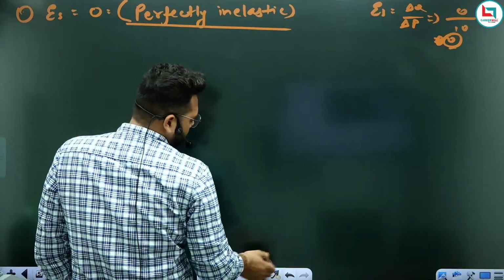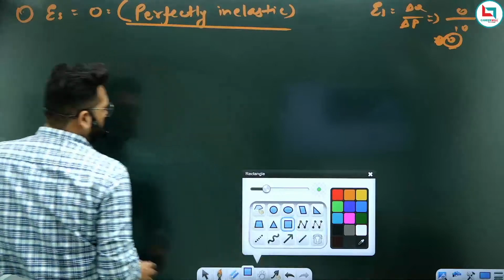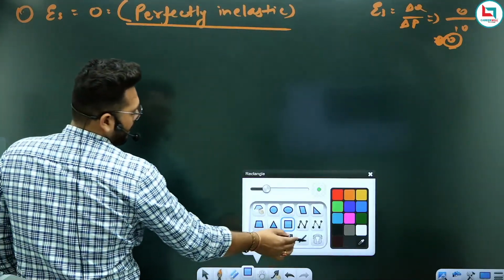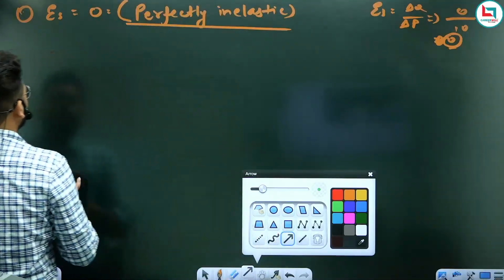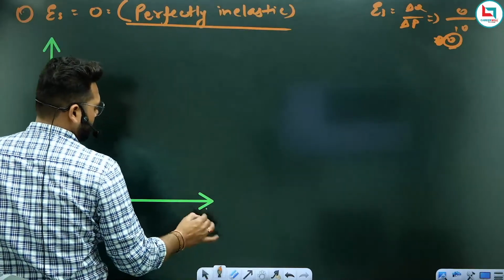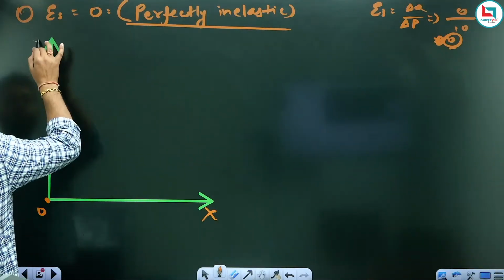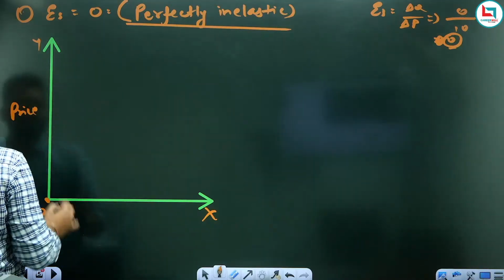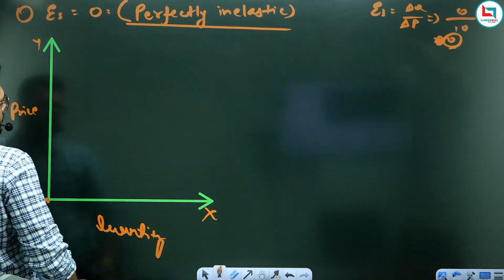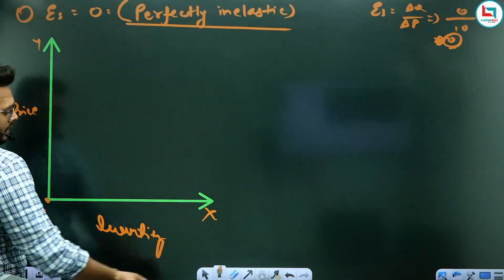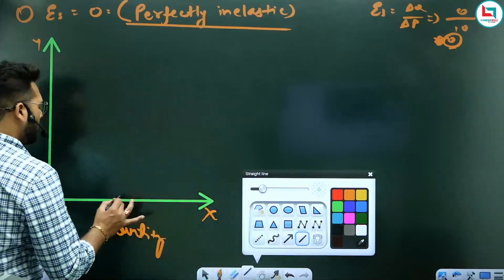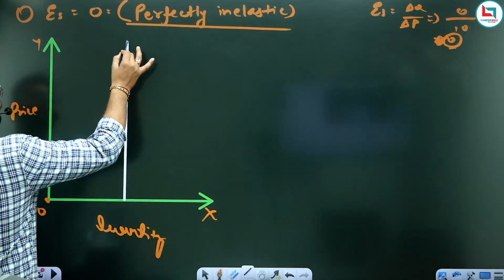What will be the curve of perfectly inelastic? Let's say this is the y-axis, this is the x-axis, y is price and x is quantity. Quantity is not changing.